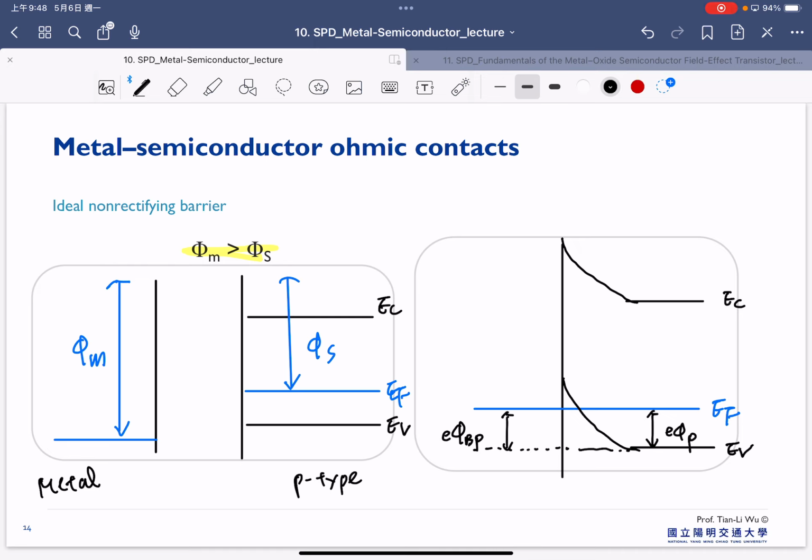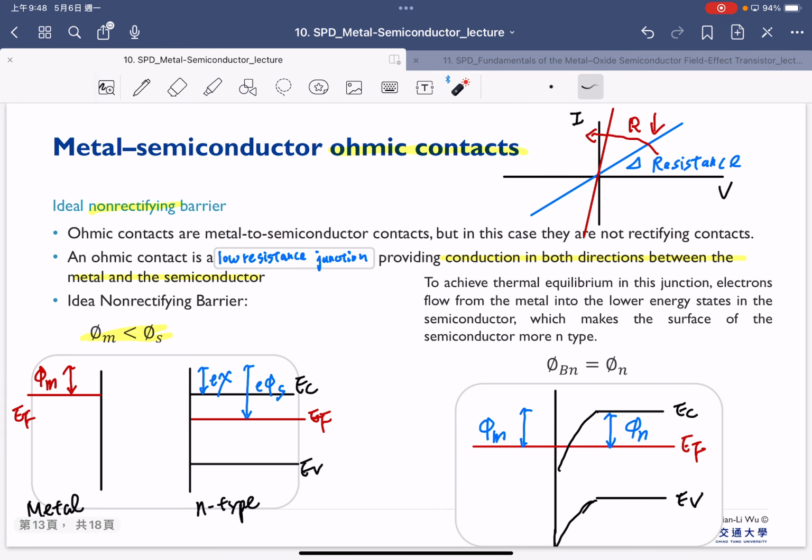So this is a case where the ohmic contact forms in the p-type semiconductor. So if we want to make the ohmic contact in p-type semiconductor, we need to make sure that we choose the metal where our metal work function is larger than our phi s. And in the case of an N-type, we have to choose our metal work function smaller than our phi s.